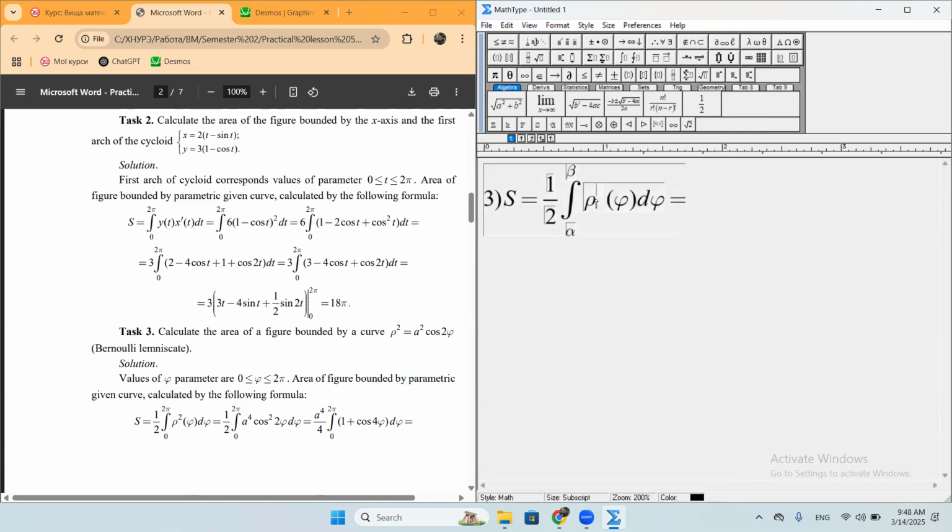So we need to integrate rho squared d phi. And actually that's what we have.